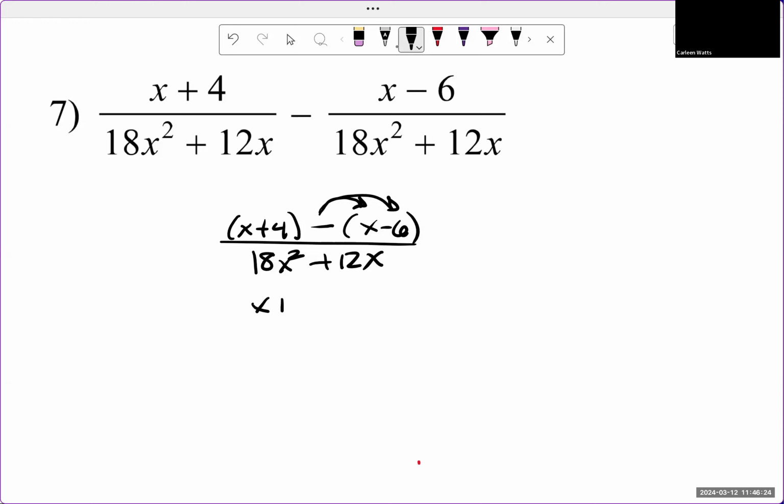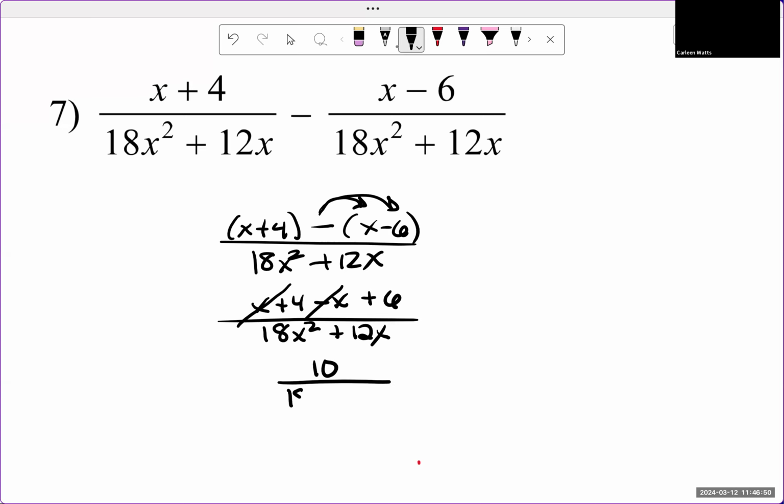So x plus 4 minus x plus 6. Combine like terms. The x's disappear. 10 over 18x squared plus 12x.